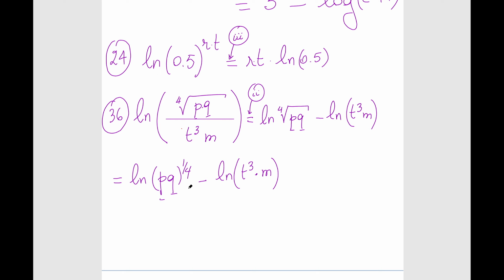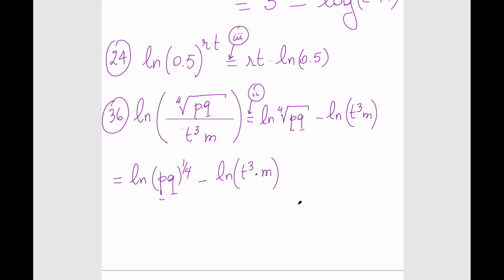For this guy, what's the nature of the argument of ln? ln is acting on something raised to a power. So property 3 above tells us that this 1/4 can go down as a coefficient.